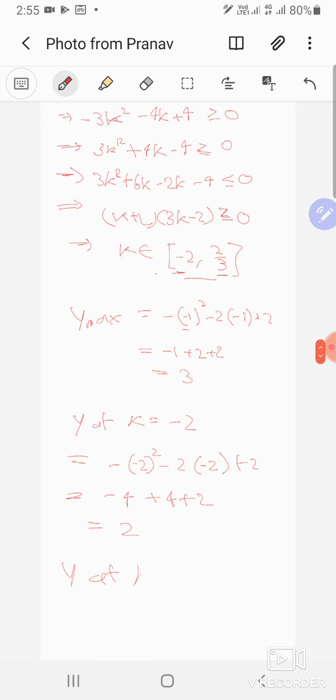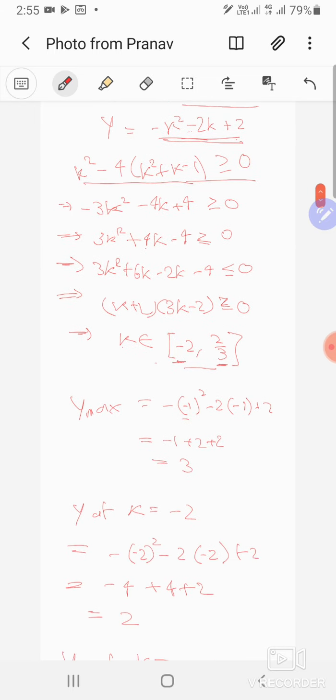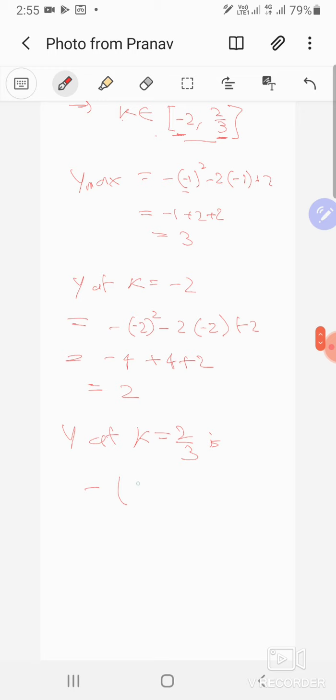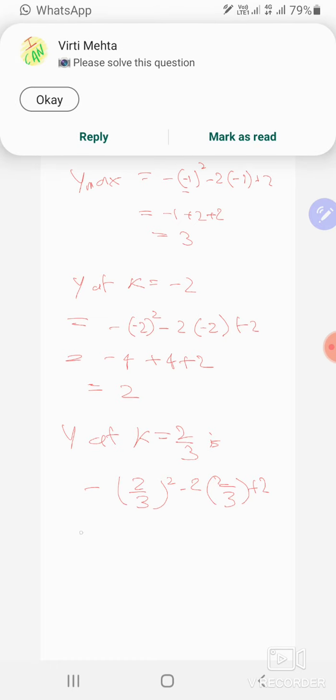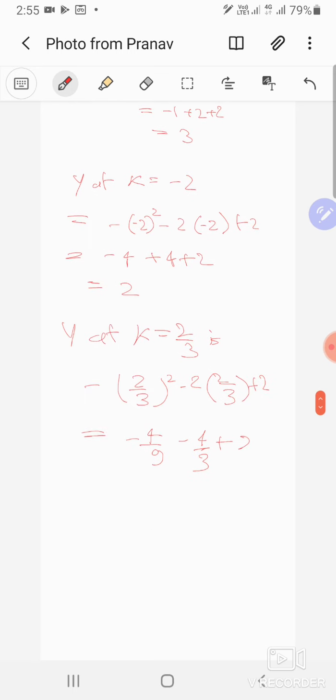And y at k equals 2 by 3, the critical point, is minus of (2 by 3) squared minus 2 into 2 by 3 plus 2. That is going to be minus 4 by 9 minus 4 by 3 plus 2, which is something upon 9: minus 4 minus 12 plus 18. Yes, it's going to be 2 by 9.